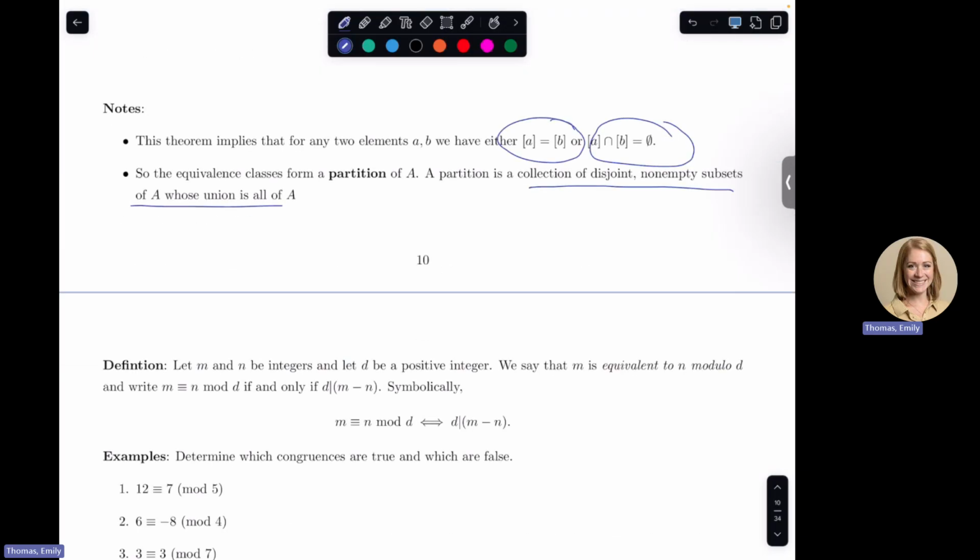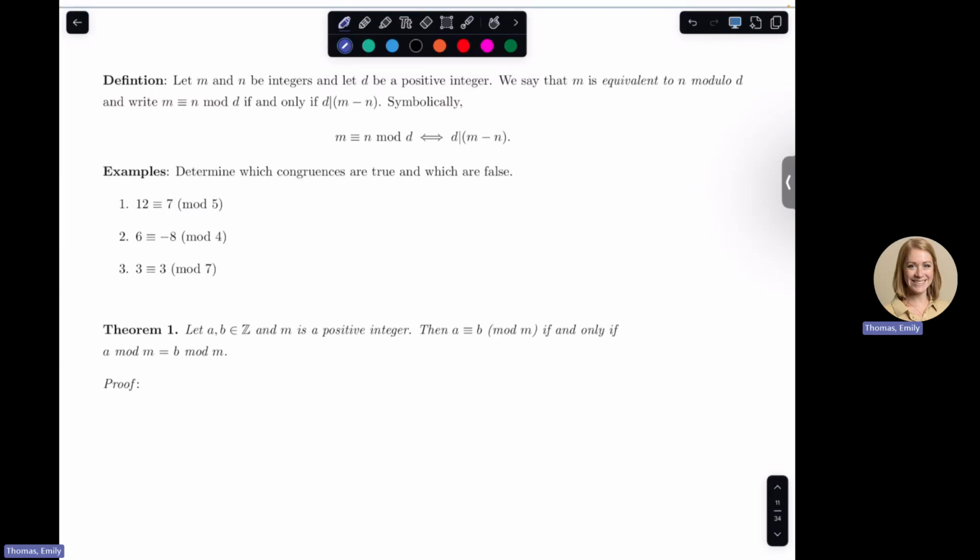So let's go back up to where we are on page 11 now. Now we're going to talk about congruence mod D. So M and N are integers, D is a positive integer, and we write M is congruent to N mod D if and only if D divides M minus N. Symbolically, M is congruent to N mod D if and only if D divides M minus N. That makes sense, right?